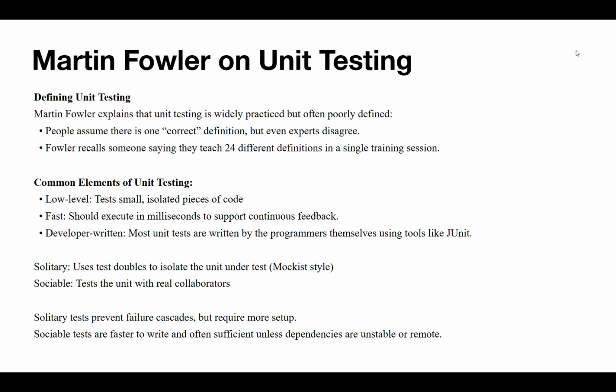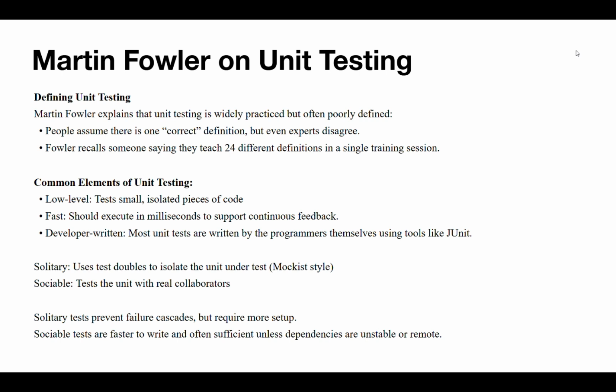He introduces two styles, solitary with mocks and sociable with real collaborators. Martin Fowler leans towards sociable tests for simplicity, but acknowledges solitary tests are vital in certain scenarios. His writing reinforces that the primary value of unit testing is to promote fast feedback and better design.